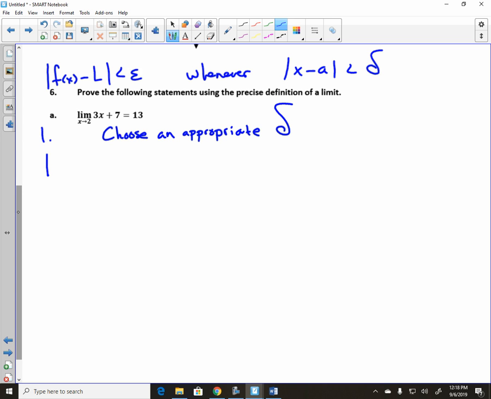The absolute value of f of x, what is f of x? 3x plus 7, minus, what is the limit? 13, is less than epsilon, whenever the absolute value of x minus what is a, is less than delta.